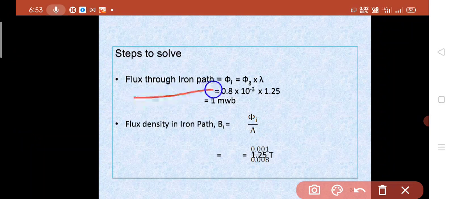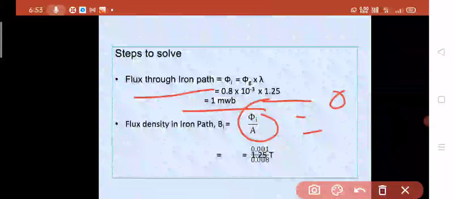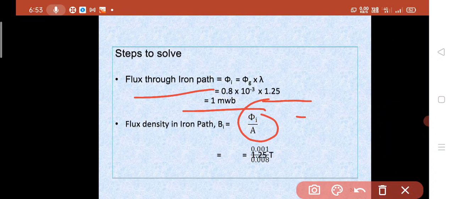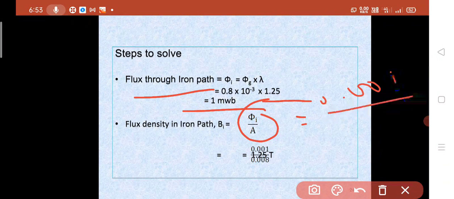Okay, the flux through the iron path. So phi i is equal to phi g into leakage factor. So this is 0.8 into 10 to the power of minus 3 into 1.25, so 1 milliweber. The flux density in iron path Bi is phi i by A, so 0.001 by 0.0008.